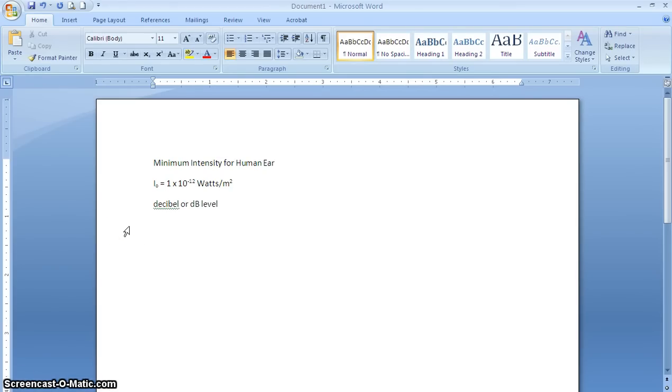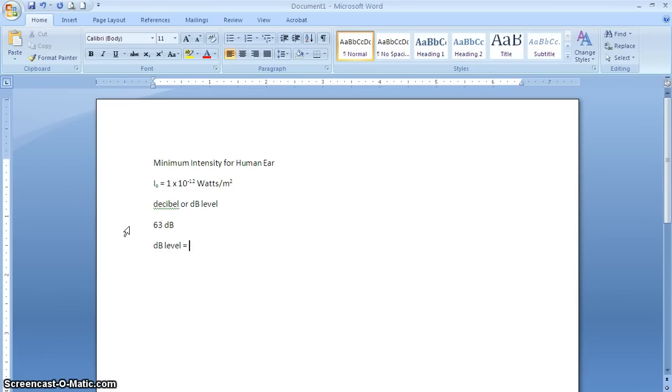But you're probably more familiar with the idea of a decibel level. And again, that's what you're measuring there. So you saw my background level was right around 63 decibels. So what does that mean in terms of sound intensity? Well, the decibel equation will give us a relationship between these two ideas of sound intensity in watts per meter squared and decibel level.